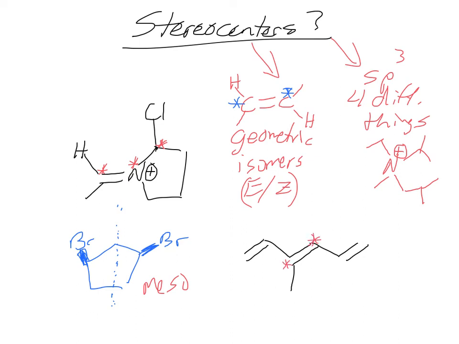If the alkene can't be E or Z, then none of the pieces of the double bond are stereocenters. Right? I know this has 2 H's. So this alkene can't be E or Z. It doesn't matter this is bonded to a carbon that's an H. If it can't be E or Z, neither part is a stereocenter. So this one just has 2 stereocenters.